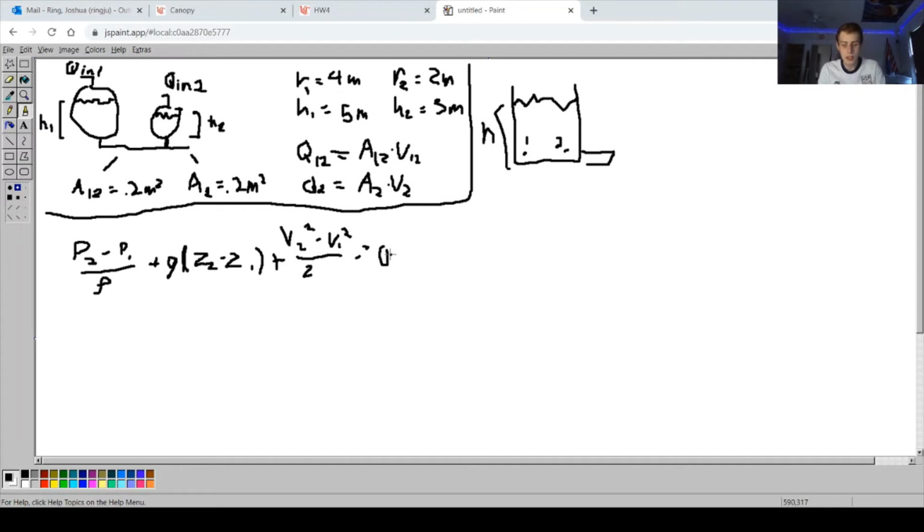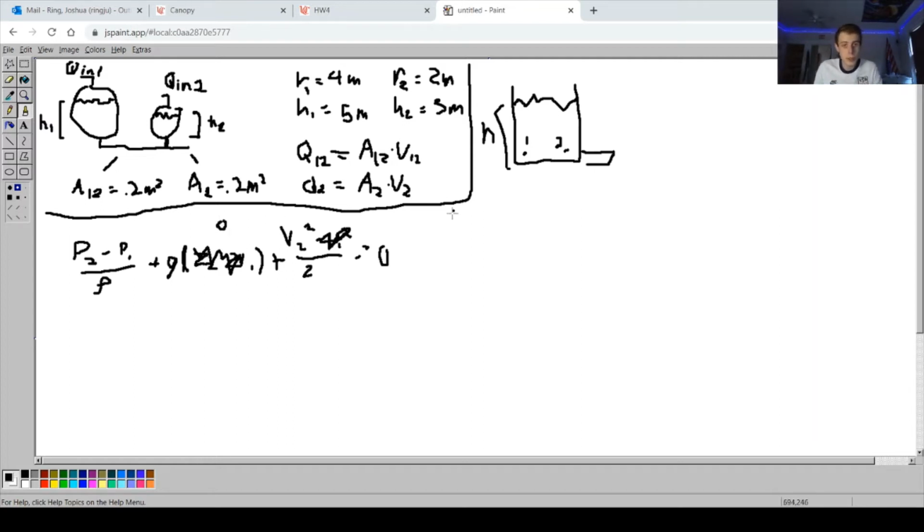Since the cross-sectional area is so big, our V1 can just go away. We don't have to worry about that. It becomes 0. And then our positions, our Z2 minus Z1, that will become 0 as well.